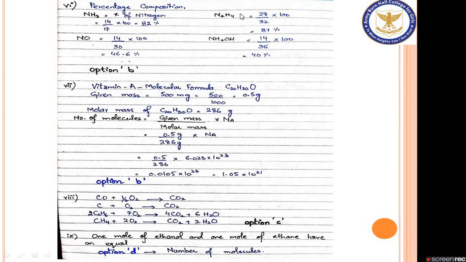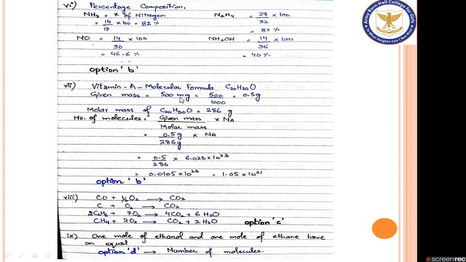Number 7. Vitamin A has a molecular formula C20H30O. The number of vitamin A molecules in 500 milligram of its capsule will be. The vitamin A molecular formula is given to you, which is C20H30O, but the mass is given in milligrams.